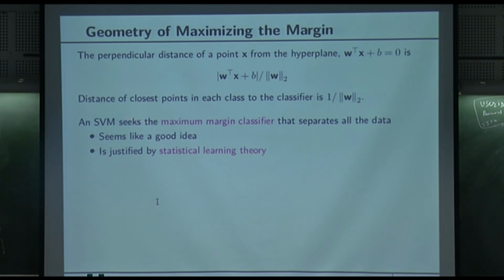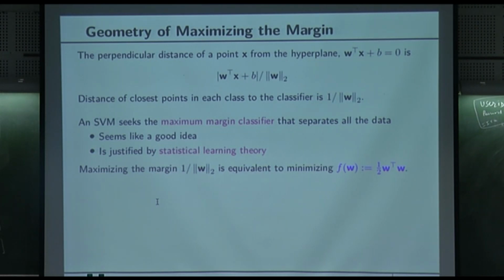Well, it seems like a good idea, meaning separating points is a good thing, but there are also firm statistical learning theory based methods which say that if I maximize the margin, the out of sample performance of my classifier is going to be very good. So the out of sample performance of a classifier is intimately connected to that margin, and therefore maximizing that margin is a good idea. Okay? Maximizing the margin 1 over the norm is equivalent to minimizing 1/2 of W transpose W.